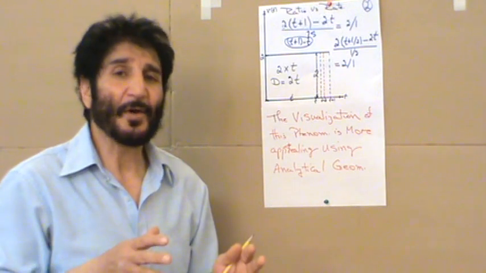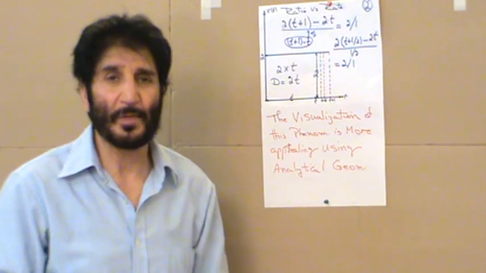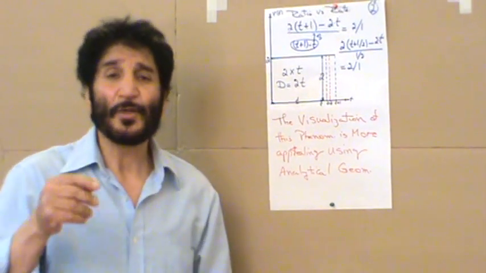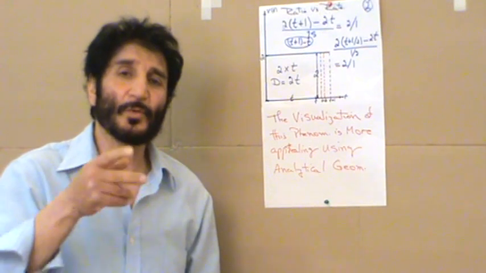If you continue with 1/8, 1/16, 1/32, I'd like you to do it with pen and pencil, you will find that again the ratio ends up being 2 to 1, 2 to 1, 2 to 1.